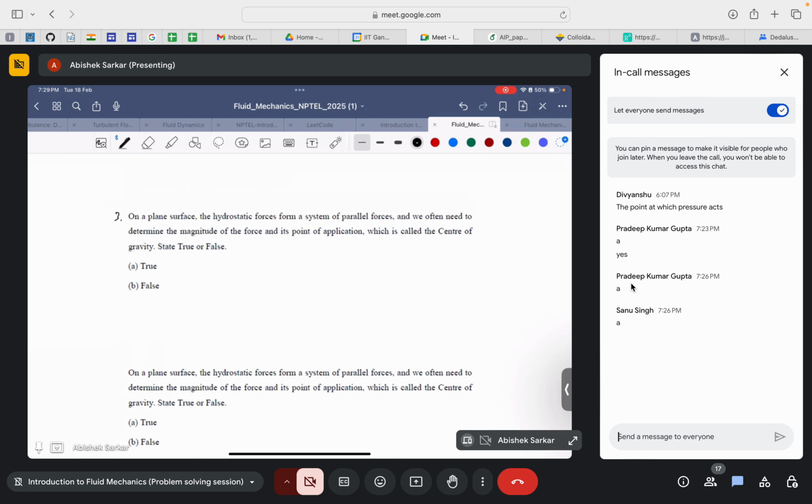I think it's very simple. The hydrostatic forces, do they act through the center of gravity, or is there another name for a particular point? So if yes, then the statement would be false, right? Or if no, then it's true. So which is it?